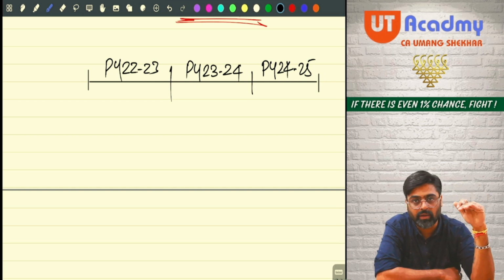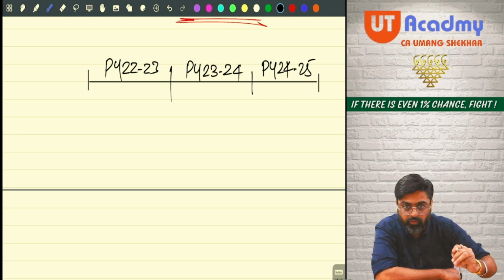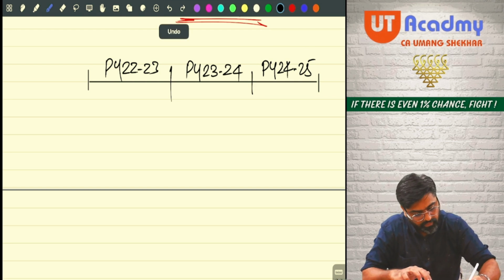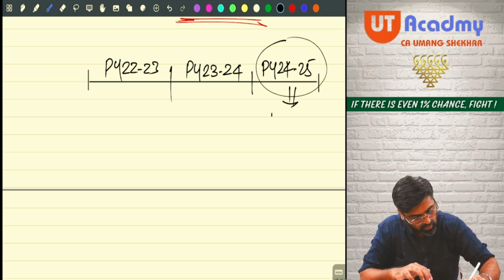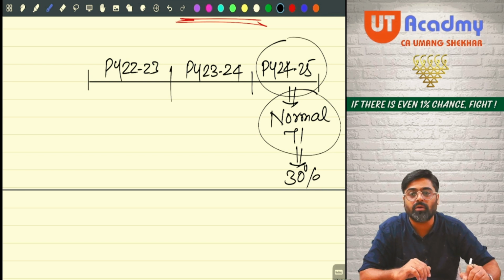on your special incomes you will be liable to pay at special rates. But whatever normal total income of 24-25, in this year, whatever normal total income you are earning, on this normal total income, you were liable to pay tax at what rate? 30%, no?